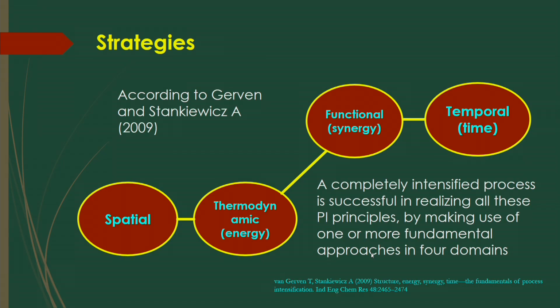And so, according to Garvin and Stankiewicz, a completely intensified process is successful in realizing all these process intensification principles by making use of one or more fundamental approaches in such 4 domains.